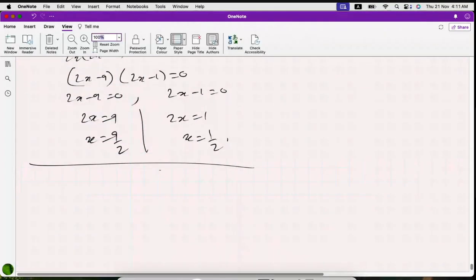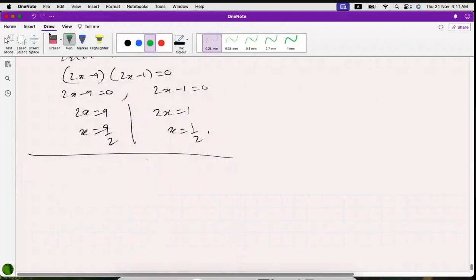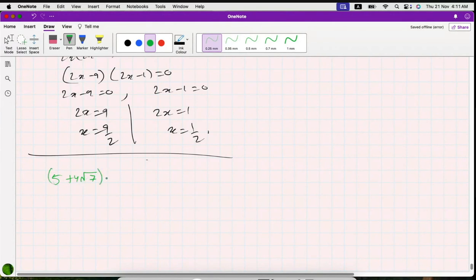Okay, it says find the positive solution of the equation: 5 plus 4 square root 7, whole, x squared plus 4 minus 2 square root 7, x minus 1 equals 0.